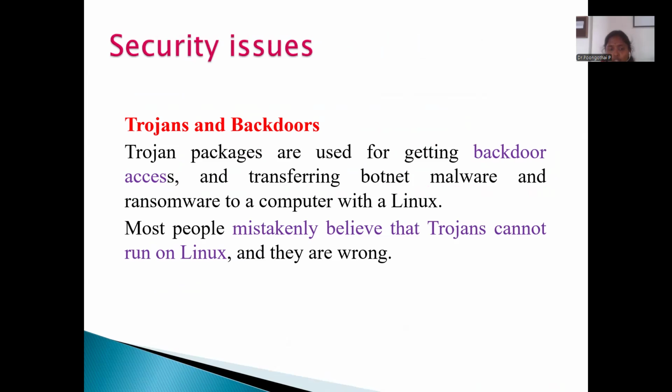There are many security issues we face while using multiple operating systems on a single system. One is Trojans and backdoors. Trojan packages are used for getting backdoor access and transferring botnet malware and ransomware to a computer running Linux. Most people mistakenly believe that Trojans cannot run on Linux, but they are wrong.